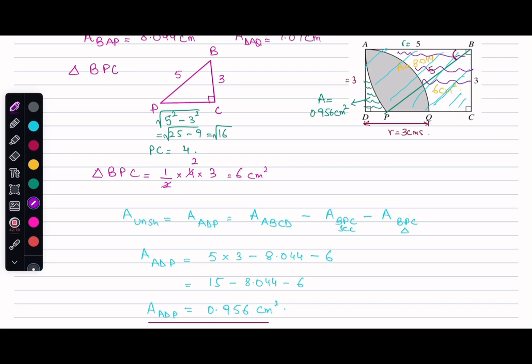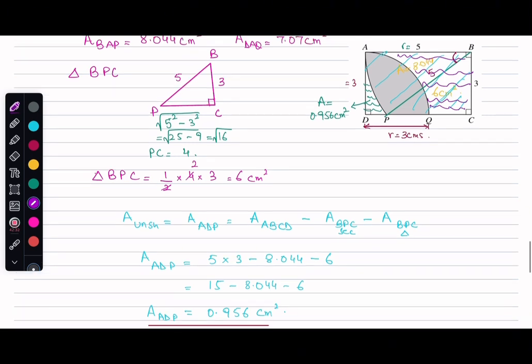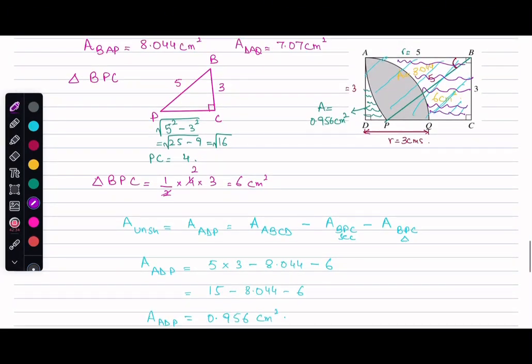So if I manage to get this unshaded region, then only I will be able to get the shaded area. So this unshaded region in purple, I can say is area of the rectangle minus area of the sector ADQ. So area ABCQ.